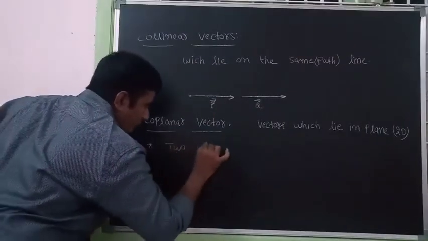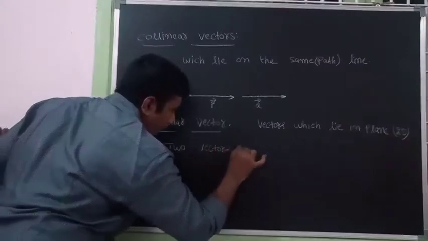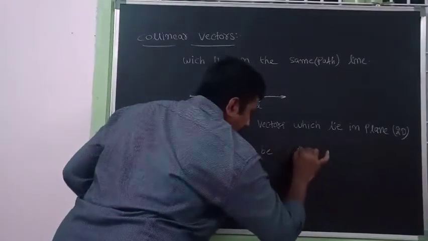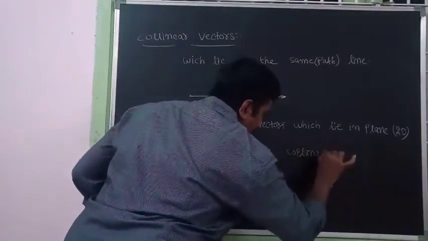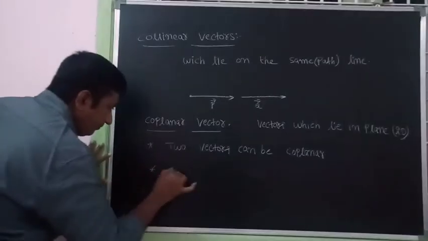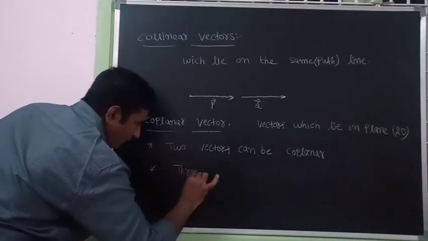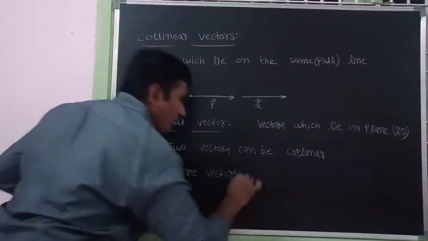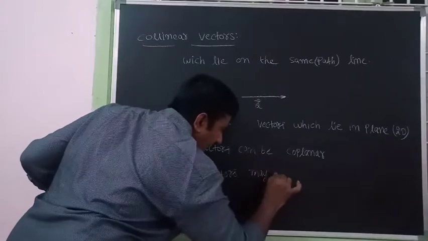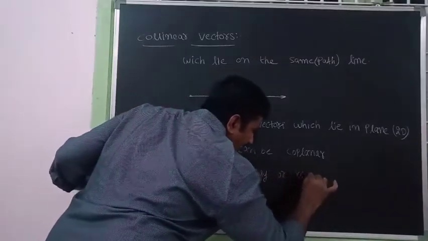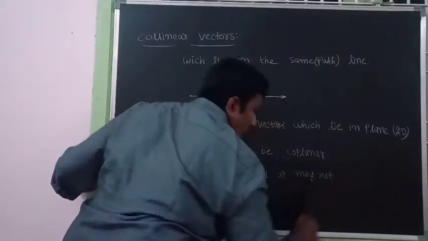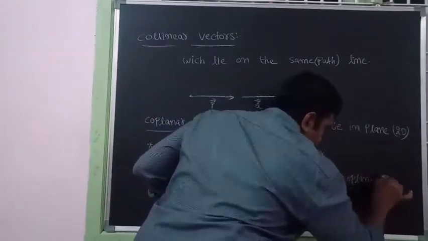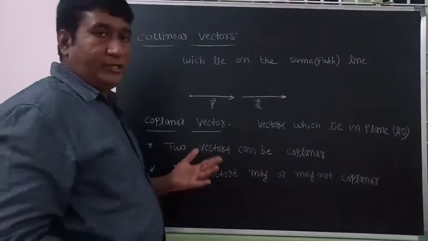So two vectors can be coplanar, but if you take three vectors, they may or may not be coplanar, because one more quantity can lie elsewhere.